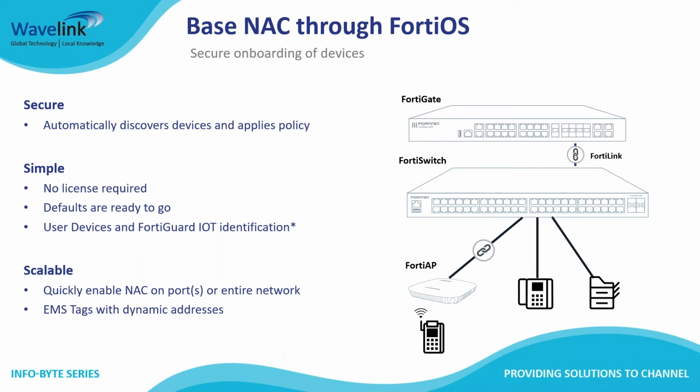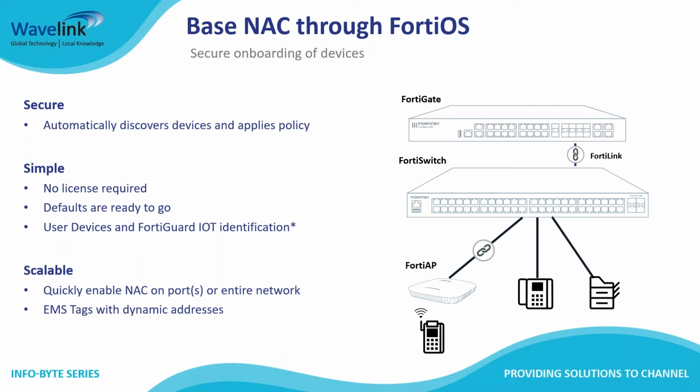So, integrating the FortiGate security with the FortiSwitch, with this IoT database, any device that is connected to your FortiSwitch can be automatically identified and placed in the network segment that you wish to. Say, for example, you have two things: an IP phone and an IP cam.